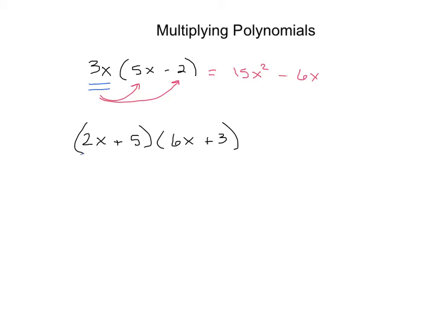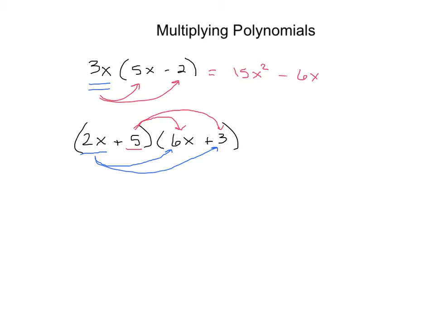So we'll take the first term in the first polynomial and we'll multiply it by each of the terms in the second polynomial. Then we're going to take the second term in the first polynomial and multiply it by each of the terms in the second polynomial.